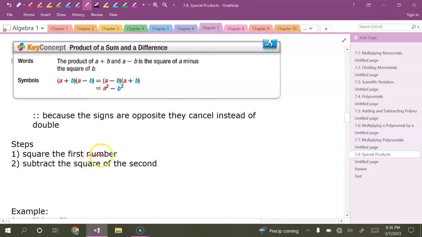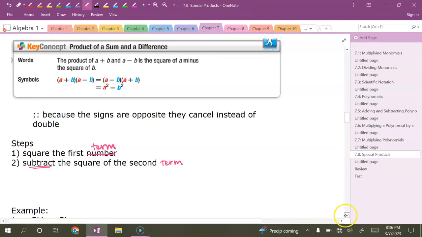You can think of this as a term instead, so it might be better if you just replace that with term. And then you're going to subtract, always subtract, the square of the second term. So if you want to add those words in there, that might clarify, because then it sounds a little bit like what we were just doing. You're going to take the first piece in your parentheses, square that, have a minus sign, and square the second piece of the parentheses, and you're done.